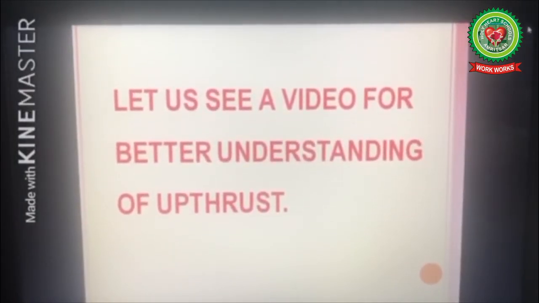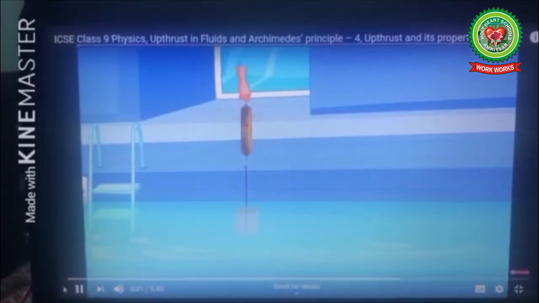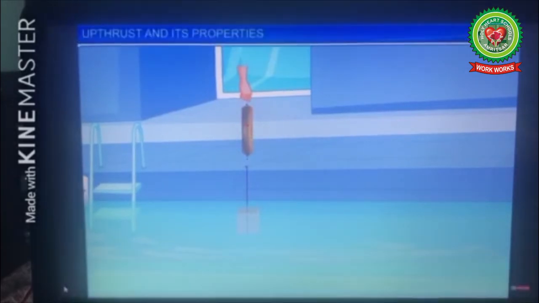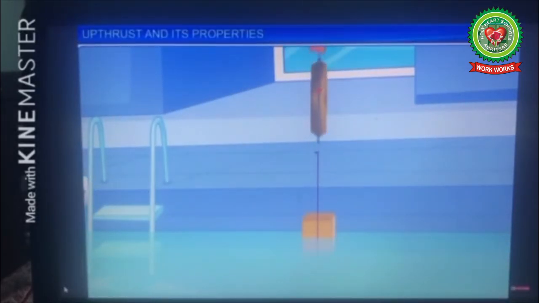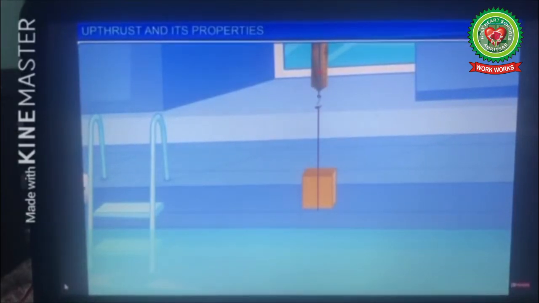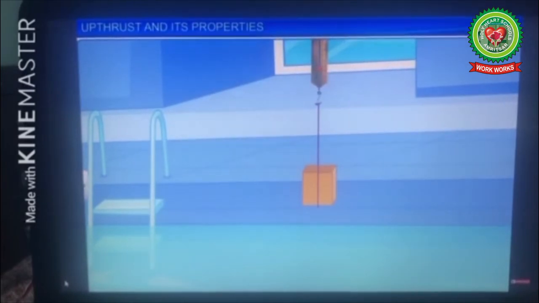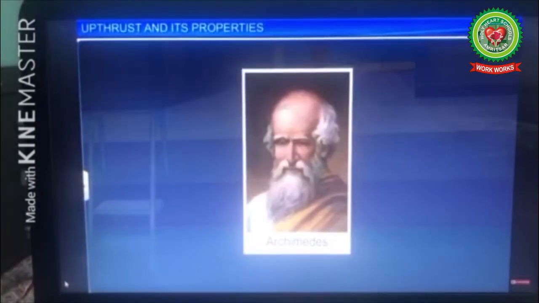Now let us see a video for better understanding of upthrust. If you try to lift a weight from a swimming pool and then try to lift the same weight from the edge of the pool, you will notice that it feels heavier when it is out of the water. This was supposed to have been first explained by the Greek scientist Archimedes.